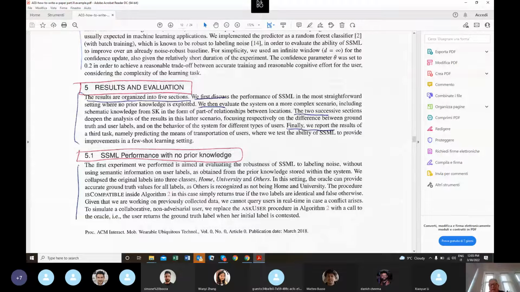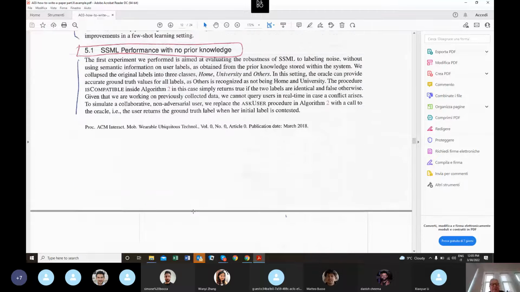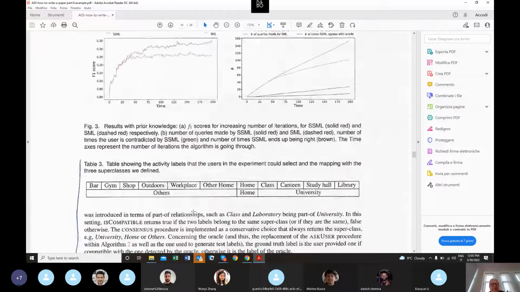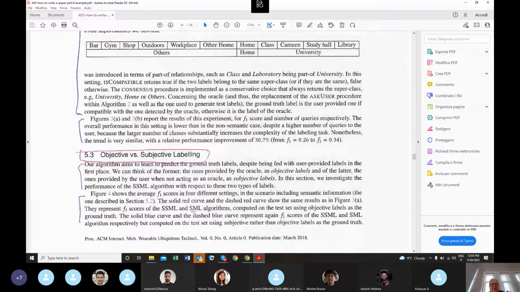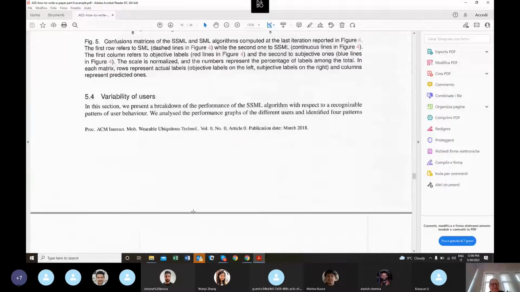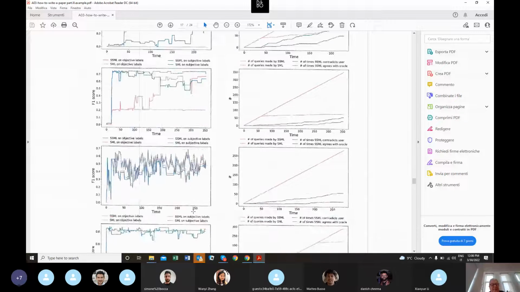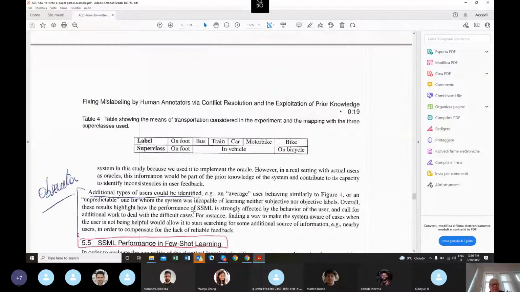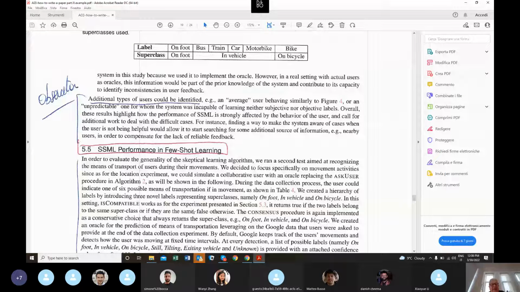And in the results evaluation, of course, you go by experiment. Here you can have 5.1 no prior knowledge, with prior knowledge, objective versus subjective labeling, variability of users, I forgot, but that we read. And future learning.